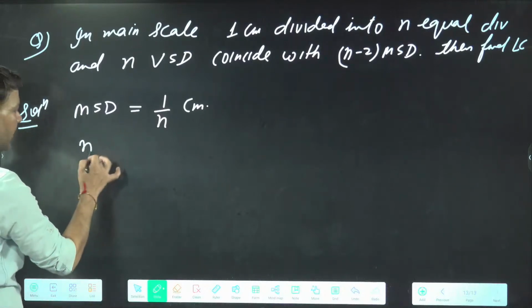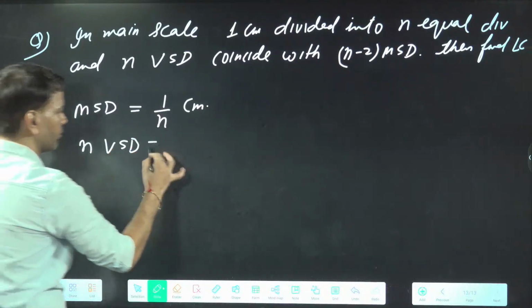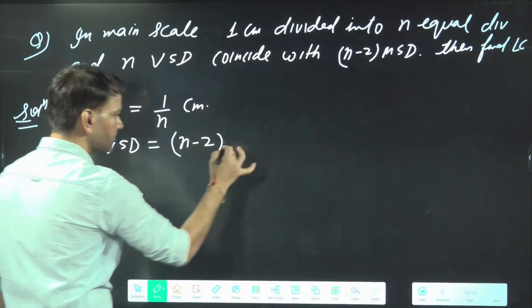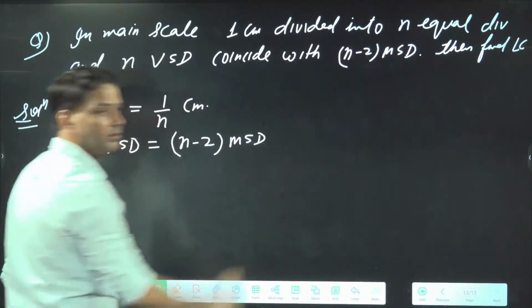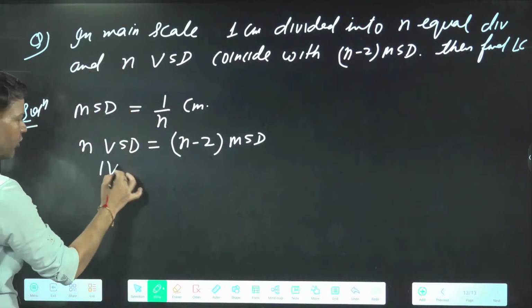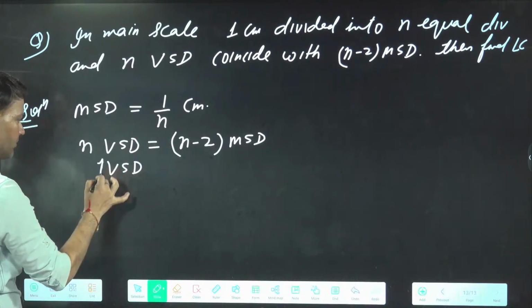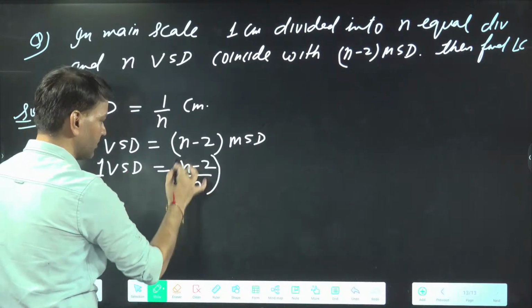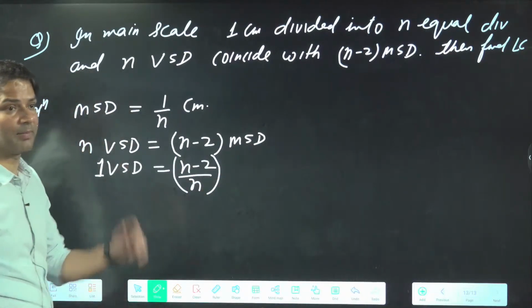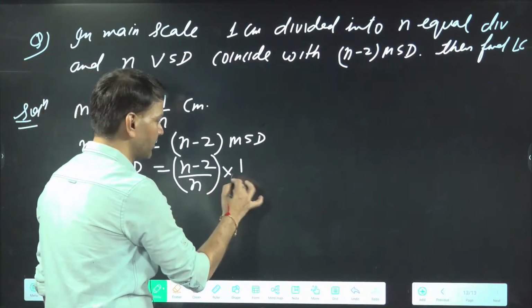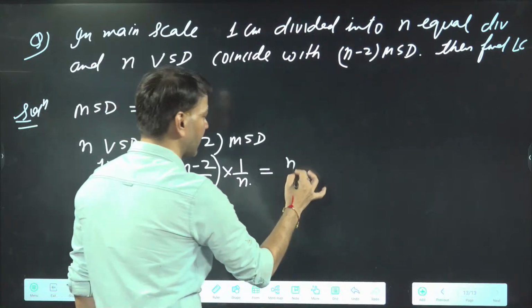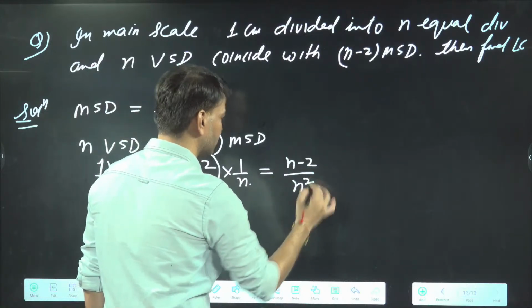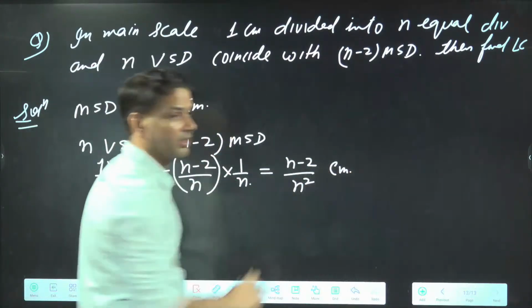So we can say n VSD is equal to n minus 2 MSD. So 1 VSD, what did I get? n minus 2 upon n MSD, and 1 MSD is equal to 1 upon n. So you got n minus 2 by n square centimeter.